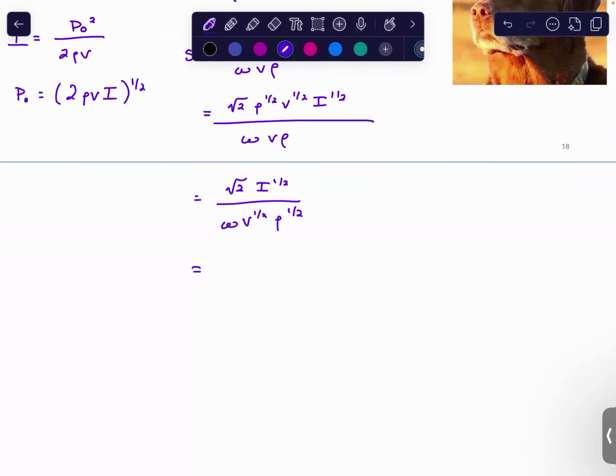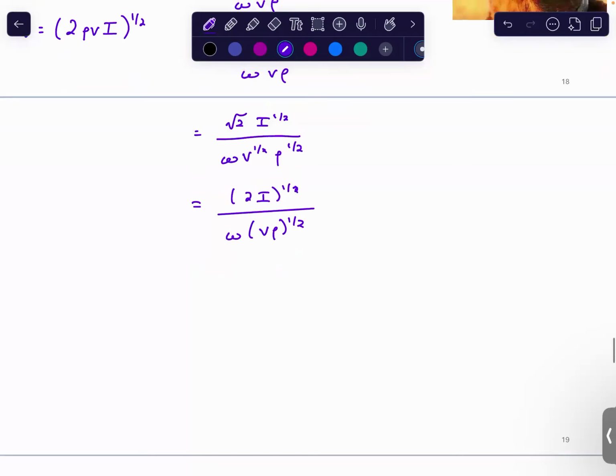We can say that this top is 2 times I to the one half. Pull that square root to the outside. But we can combine those 2 square roots into 2I over rho V. So that's where you would want to get to.